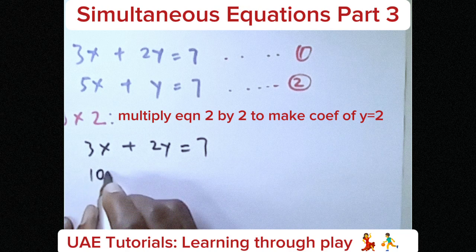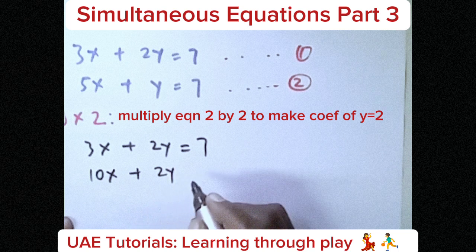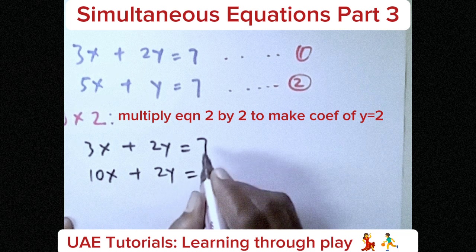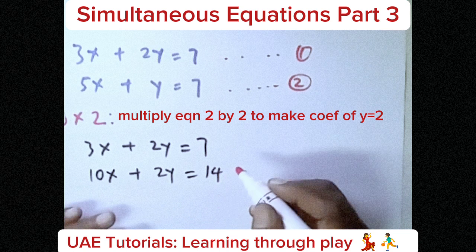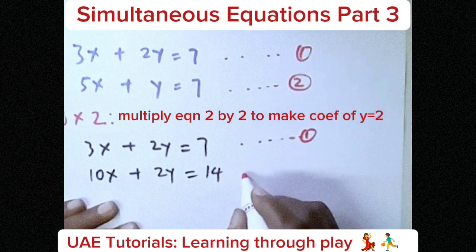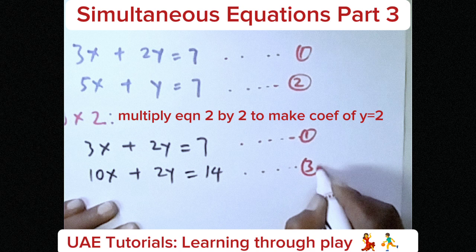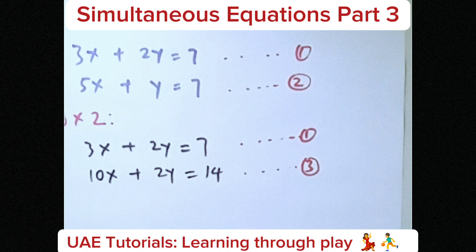So here we will have 10x plus 2y equals 14. So what has changed? Nothing has changed really. But while this remains our equation 1, this is now equation 3, because this is no longer the original equation 2. We're going somewhere.